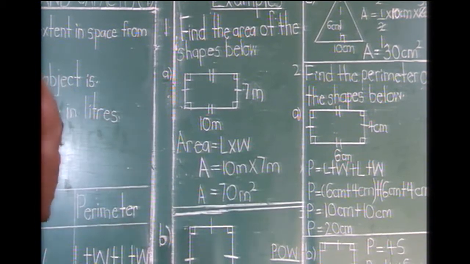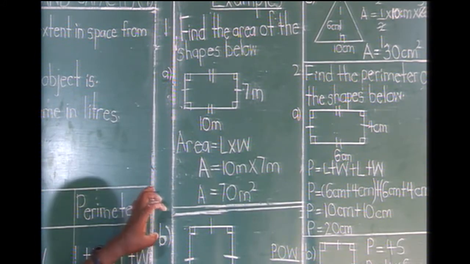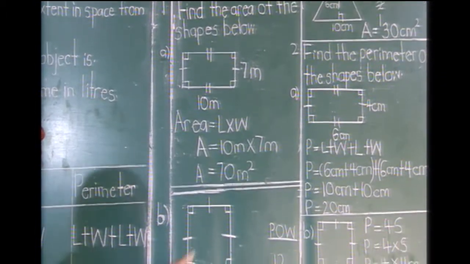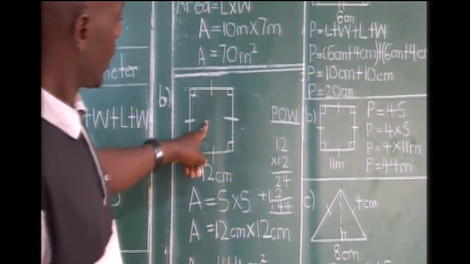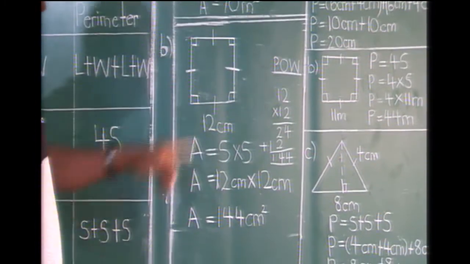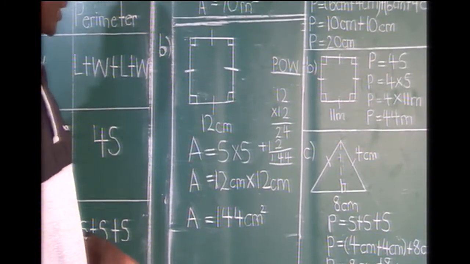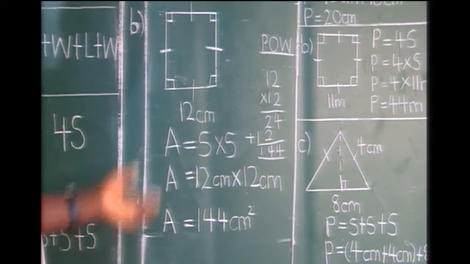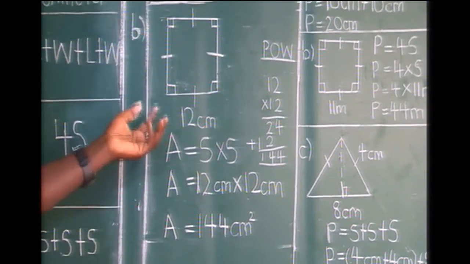Then example of part B about area. Find the area of this shape. Now identify the shape so that you can get a corresponding formula of finding that shape's area.